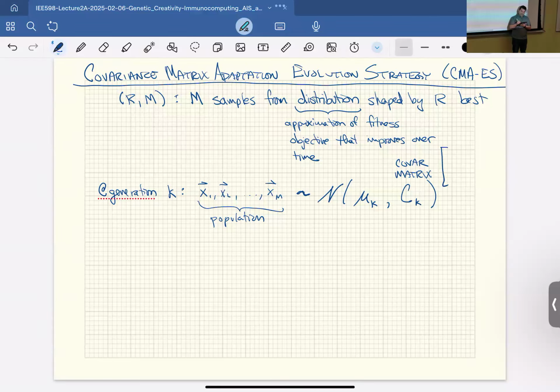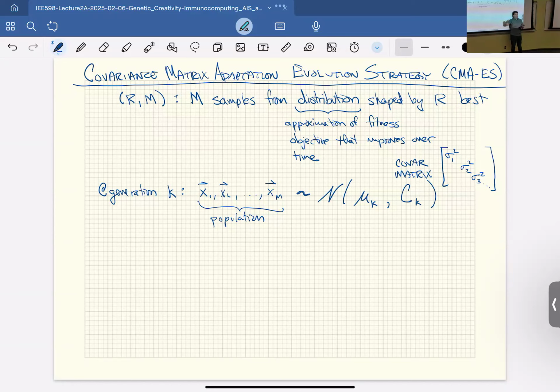This covariance matrix is going to have the variances down the diagonal, and it's going to have effectively the cross covariances, a scaled version of the correlations between variables, in the off diagonals. So in complex evolution strategies with lots and lots of variables, a lot of times they'll just make this a diagonal matrix.